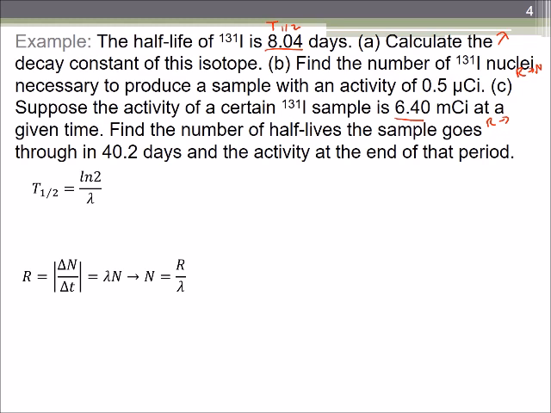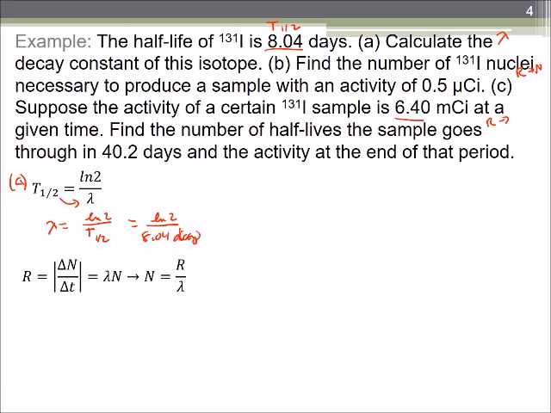So we'll start out first with part A. For part A, we have the half-life, and we want to find lambda. So I'm going to solve this equation for lambda. Lambda is equal to the natural log of 2 divided by our half-life, and that gives us the natural log of 2 divided by 8.04 days.